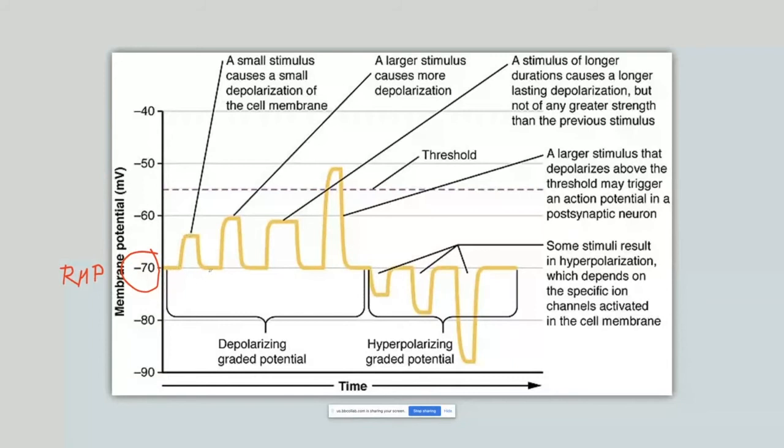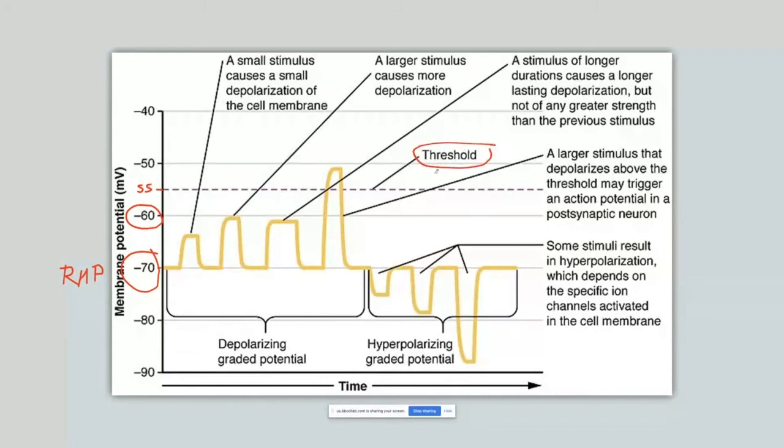There can be a stronger stimulus opening a bit more sodium channels, so more sodium comes inside the cell. And notice that it only reached -60. We need the inner part of the cell, more exactly at the axon hillock, to reach this line here, the -55, which is the threshold.